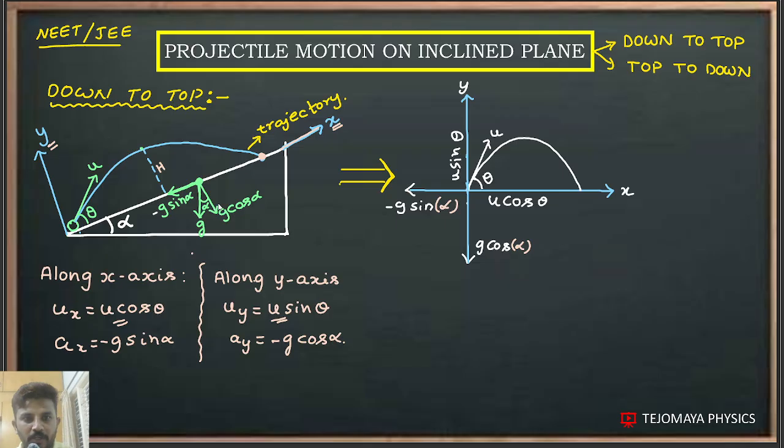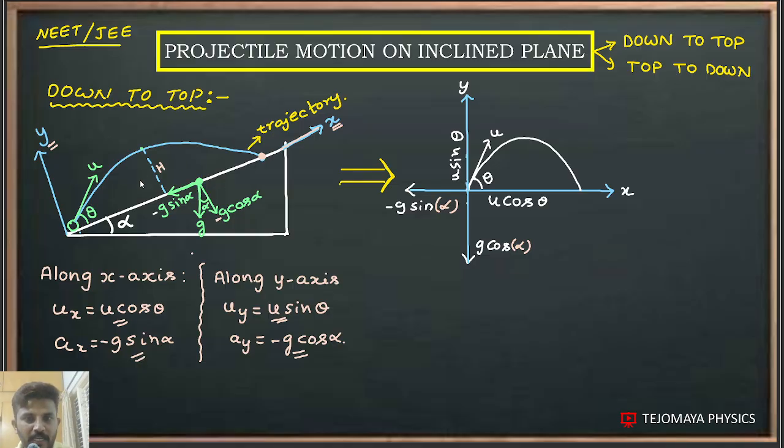The component of g along the negative y-axis, opposite to the y-axis, is minus g cos alpha, that I have written here. And acceleration due to gravity along the negative x-axis is minus g sin alpha, that I have written here.